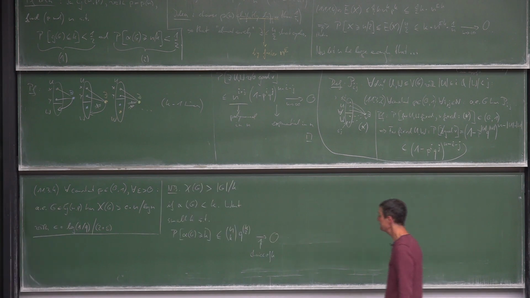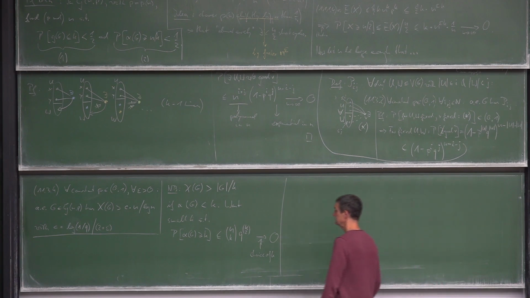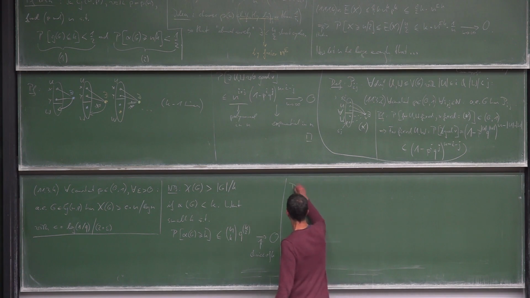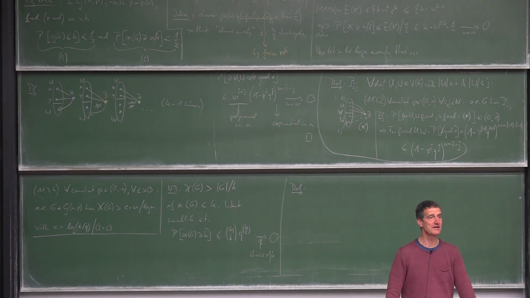Okay, so let me finish with a little gem. We'll have 4 minutes left. So let's prove every theorem in infinite random graph theory in the remaining 3.5 minutes. There's only one, but it's a sweet one.